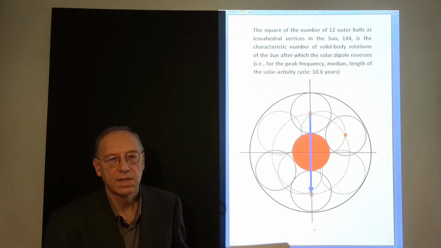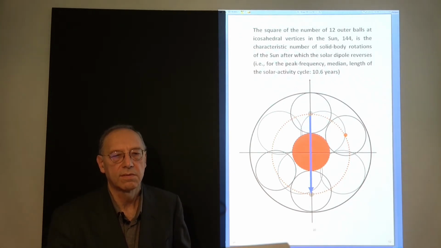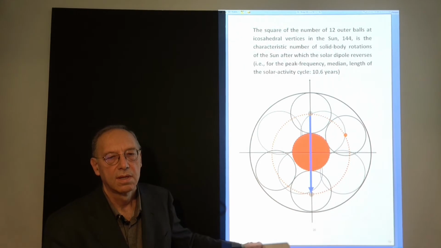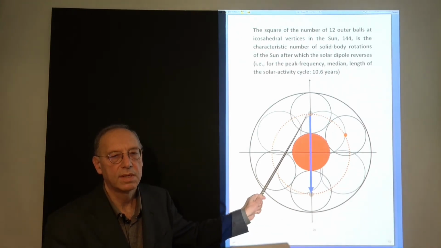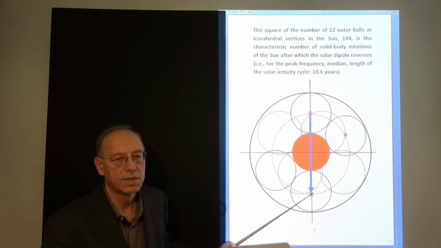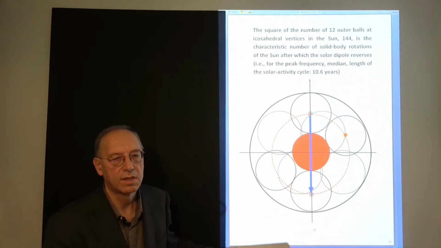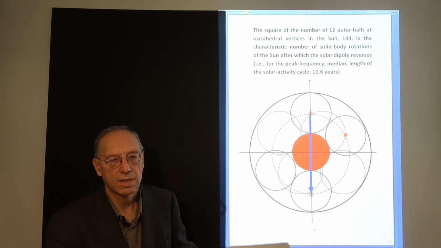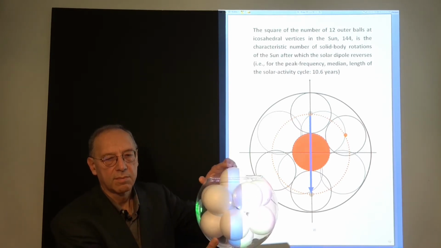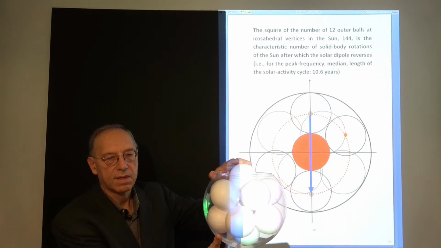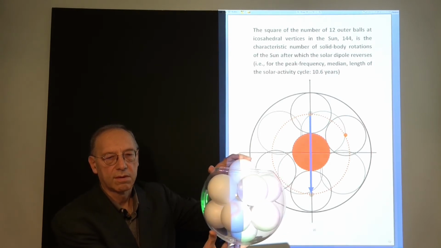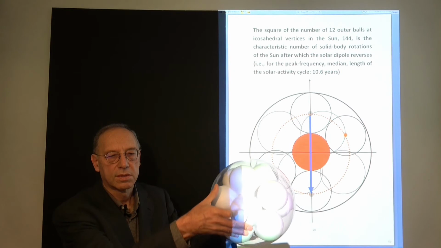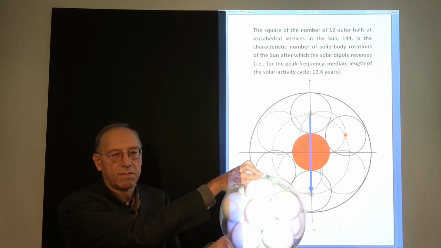So after such a set of 144 rotations, the north magnetic pole rotates into the position of the south magnetic pole. This is, of course, only an electromagnetic phenomenon, but it is as if the topology of the Sun was reversed vertically.